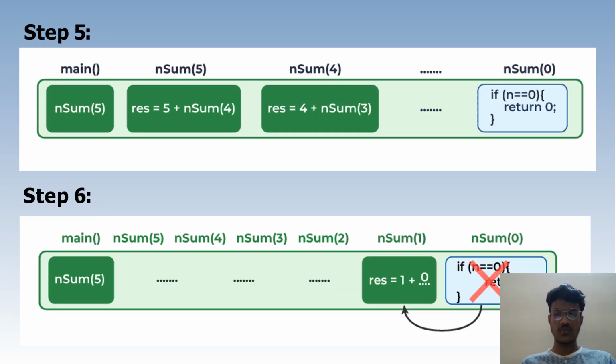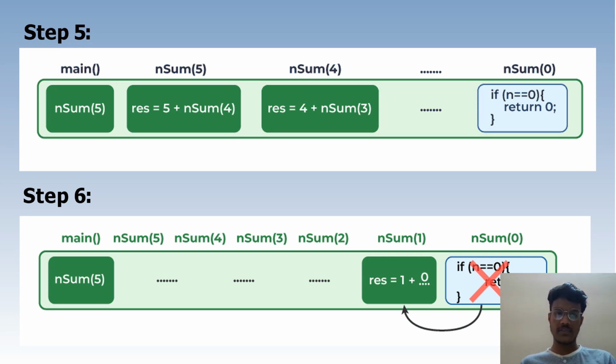In the introduction I told you that res is defined as recursion. In step 5, the main function is the same, nsum of 5 is the same, and nsum of 4 is also the same, and it will continue up to nsum of 0. And here if n is equal to 0, we return 0.